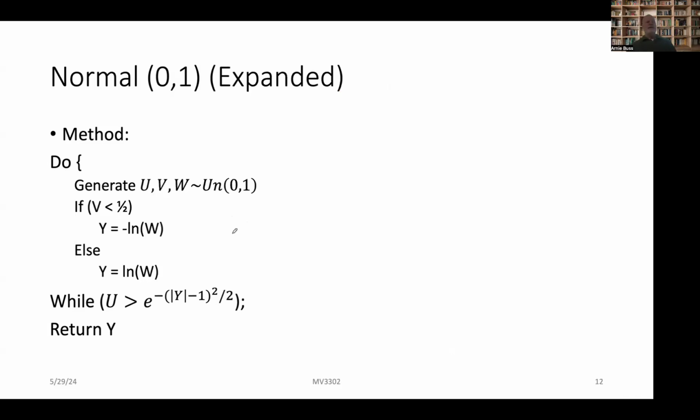So we want to expand it to this. Again, if we're using the composition method to create our trial random variables, we need 2 random variables for that. We need a third one for the acceptance rejection. So we have u, v, and w. And say v is less than a half, then our value is going to be minus the log.